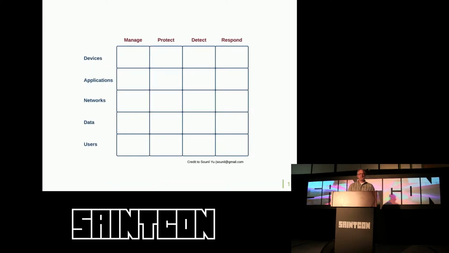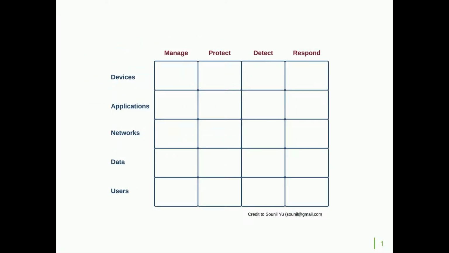Now, if we think about a security assessment in general, up on the screen are the basic categories that people try to cover when they're doing an assessment. Across the top, you've got manage, protect, detect, and respond. And down the other side, you have the different areas you're trying to evaluate: the devices, applications, networks, data, and users.